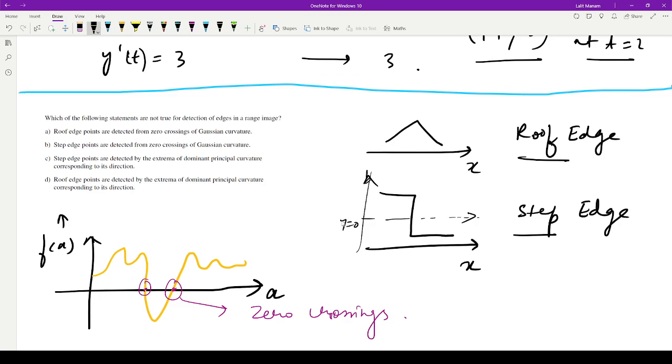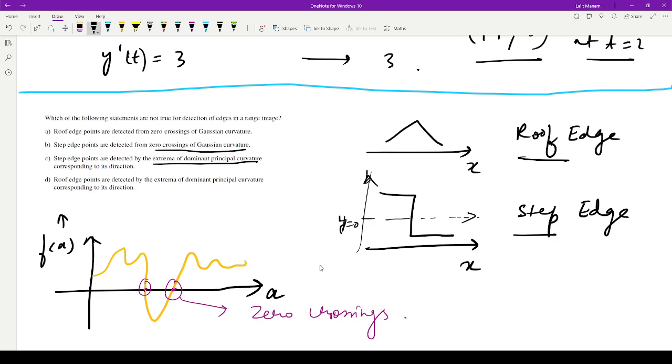Okay, sir. And what about the roof edge? Roof edge will be from the extrema of the dominant principal curvature. Whatever diagrams you're seeing are in one dimension, right? It's only varying in x, and the other dimension is just the value. But whatever we are discussing here, Gaussian curvature, principal curvature, they vary in two dimensions, u and v, for instance, and the third one is the actual curve.